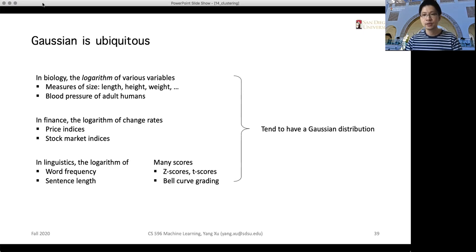Okay, so the purpose of showing these examples is to show that Gaussian is a very commonly observed distribution, and that's also why we can use Gaussian models to describe our data, right? Because it is very ubiquitous, and many of the quantities of our interest can actually be described by a Gaussian distribution.